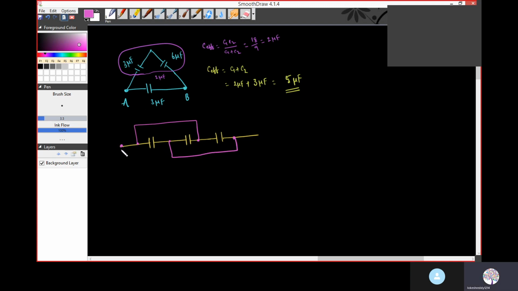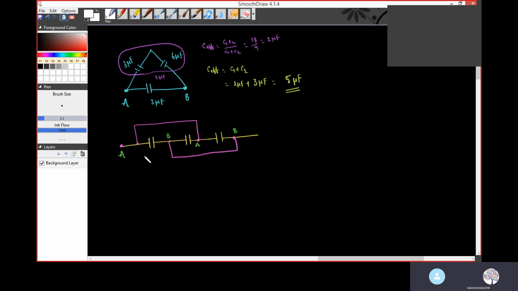Let us take this as A, this as B. Now this is connected to this point. That means when you connect with a wire, the potentials will be same. So this is A, so this is also A. If this is B, this is also B.